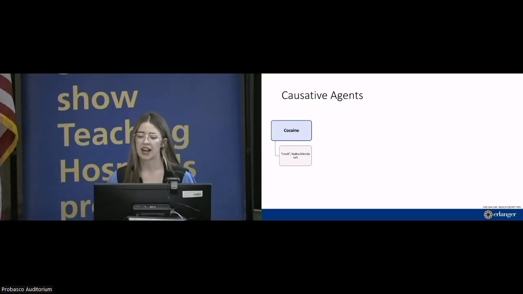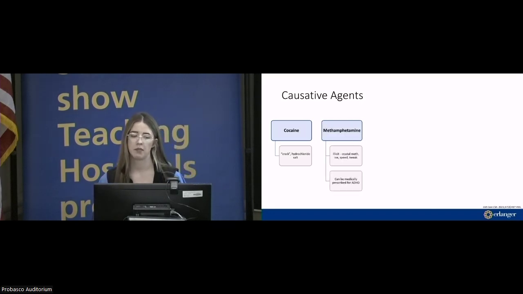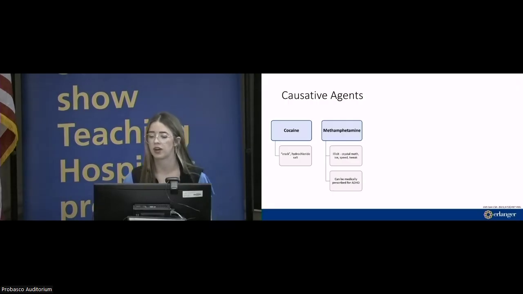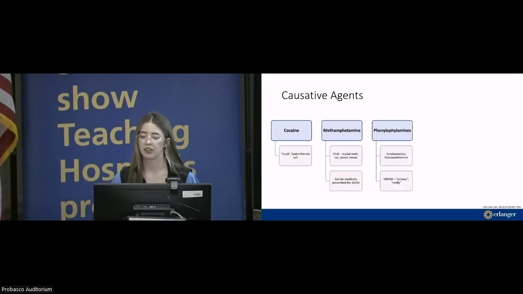Some of the main drug classes that provide a sympathomimetic toxidrome include cocaine, which is a reuptake inhibitor that increases synaptic catecholamines. Methamphetamine and other amphetamines increase release of norepinephrine and dopamine, and these can be prescription ADHD medications or illicit products like crystal meth. Phenylethylamines include classic amphetamines, but also MDMA, or ecstasy, or Molly.